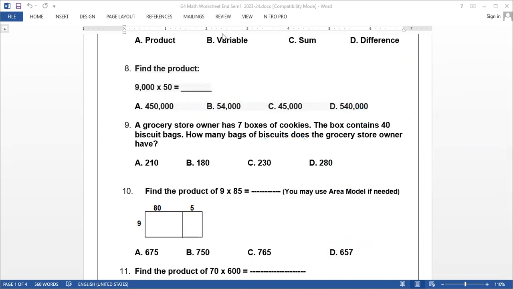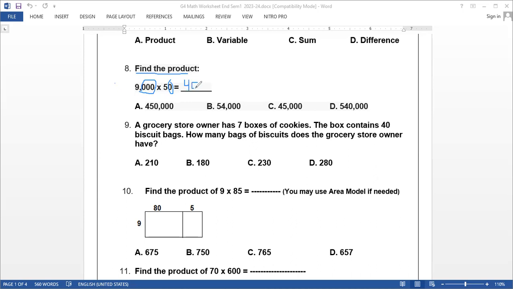Now we go to next question. Find the product. When you multiply two numbers, they have many zeros. We can ignore the zeros in the beginning. Now 9 multiply 5 equals 45, as you know.